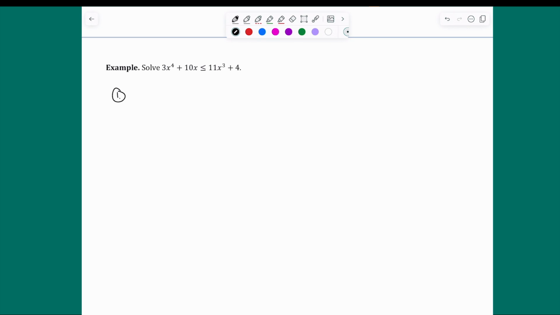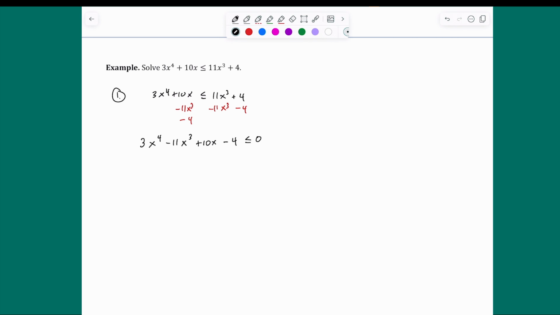Okay, so that's the first step you usually do. We have 3x to the 4 plus 10x less than or equal to 11x cubed plus 4. So I would subtract 11x cubed on both sides, and I'll also subtract 4 on both sides of the inequality. Doing so gives me 3x to the fourth minus 11x cubed plus 10x minus 4 less than or equal to 0.